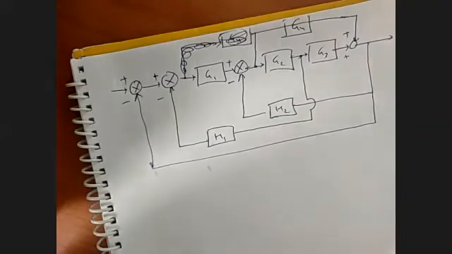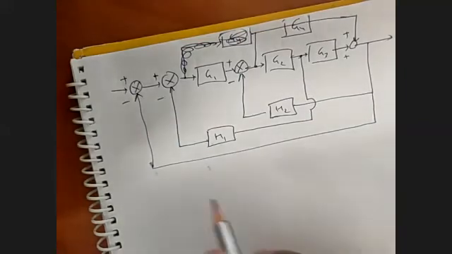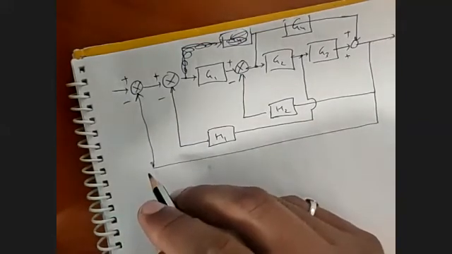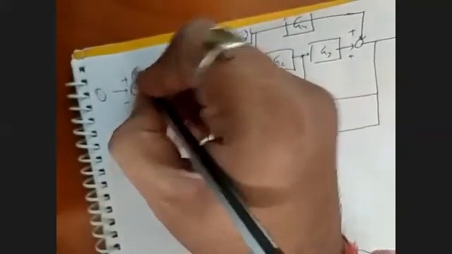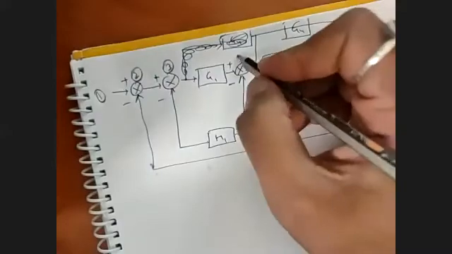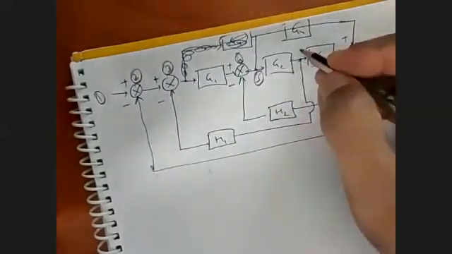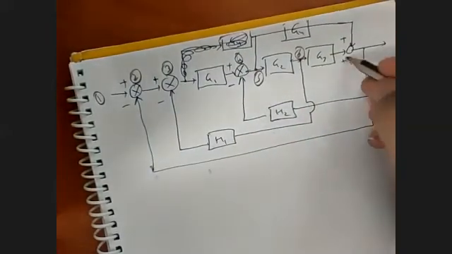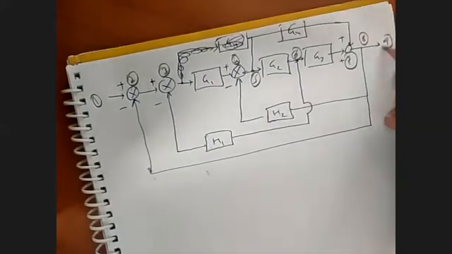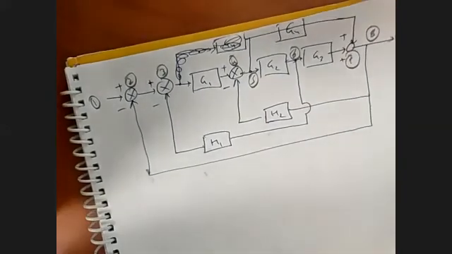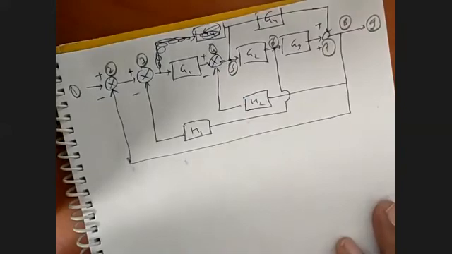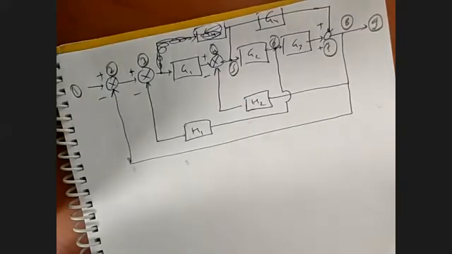So the first stage is we have to convert this into a signal flow graph, and if you remember, the first step is to identify the number of nodes. So it will be counted as 1, 2, 3, 4, 5, 6, 7, 8 and 9. So in this system we will be having 9 nodes.